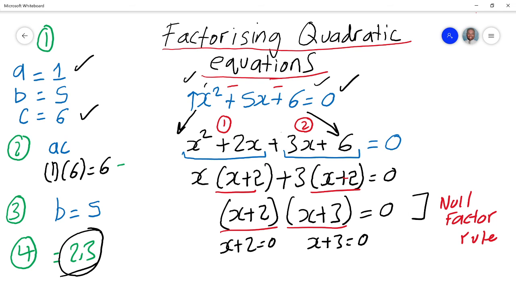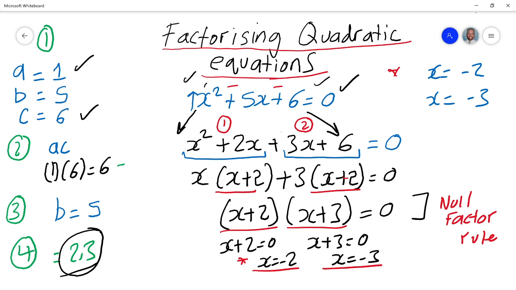All right. And if I simply solve that, x is equal to -2 and x is equal to -3. And that tells you we now have two values of x. So I'll just put an asterisk here to show that my two values are x equal to -2 and x equal to -3.